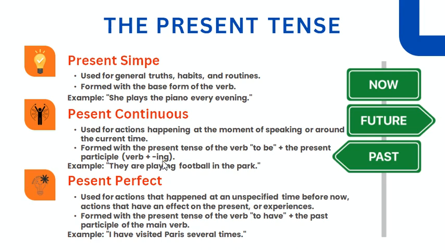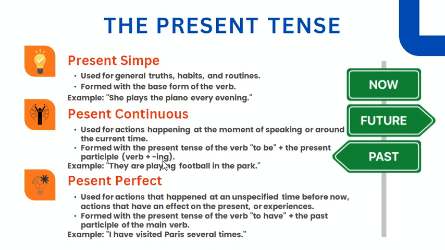For example, what are we doing right now? We are learning English grammar. We are using are and learning because we are talking about something going on right now. That's present continuous.